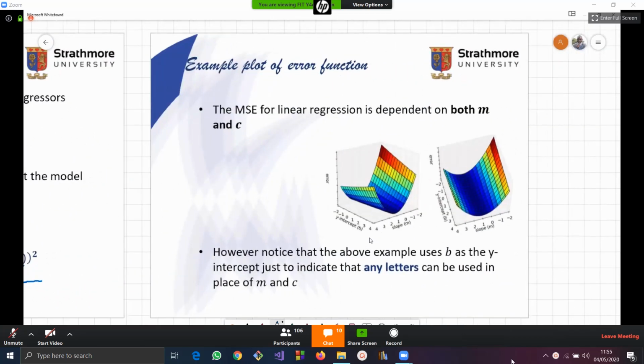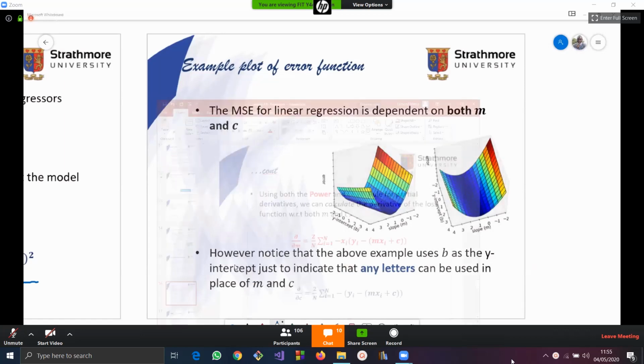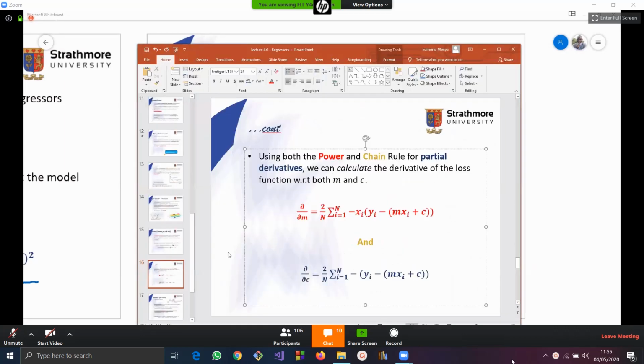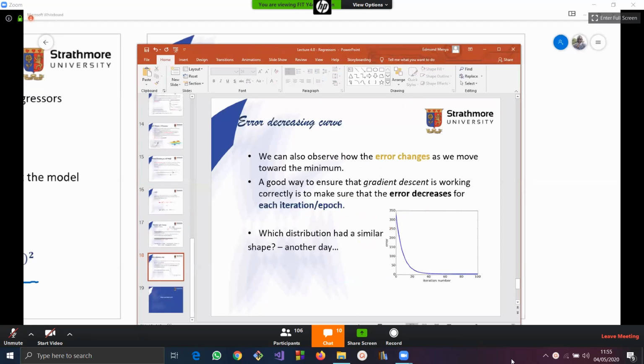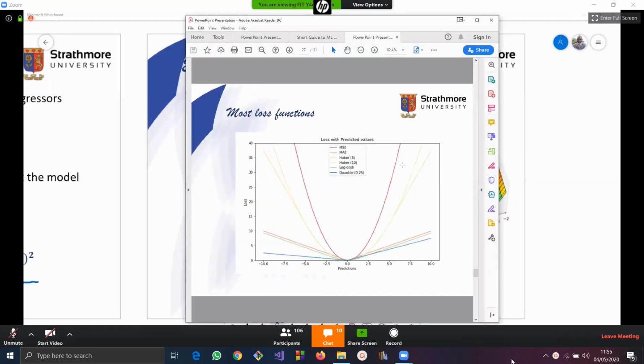Before we minimize the error function, we do a 3D plot of the mean squared error. What we had last time is a 2D plot. Yes, these ones. So this is a 2-dimensional plot of the mean squared error.